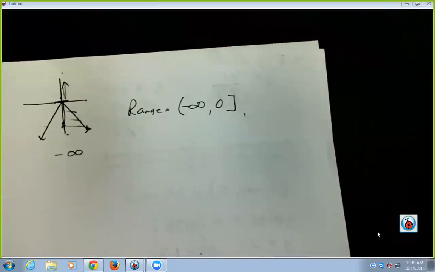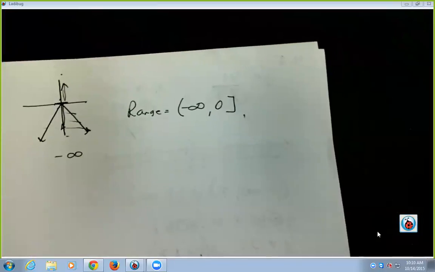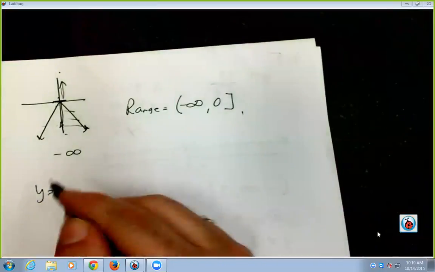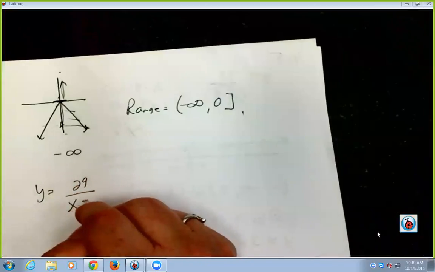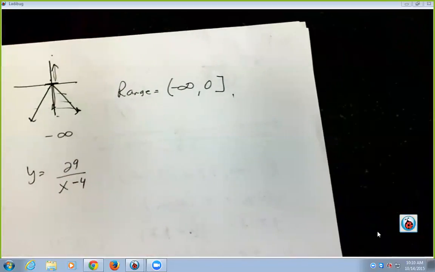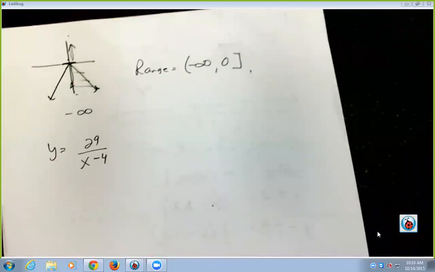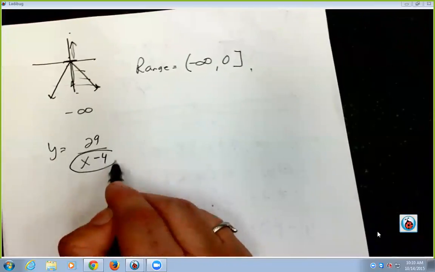Uh-huh. I had one. I think it was like y equals 29 over x minus 4 or something like that. Yeah, we just had one of those, and I apologized earlier to everybody because I didn't put one of those in my notes. But what it means is this denominator can never equal 0.